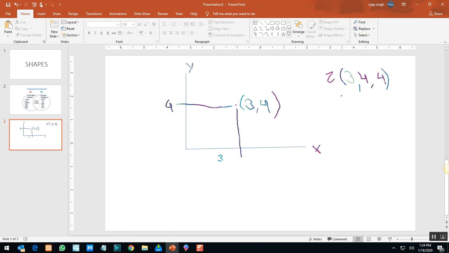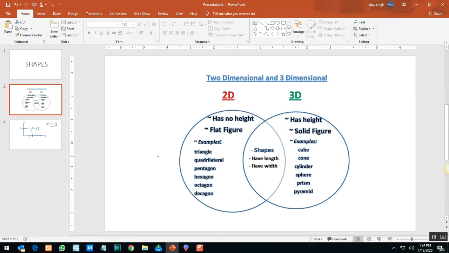This is what I just want to teach you: when we are talking about flat shapes, they only have 2-dimensional points. They do not have any 3-dimensional point. These flat surfaces do not have any height.